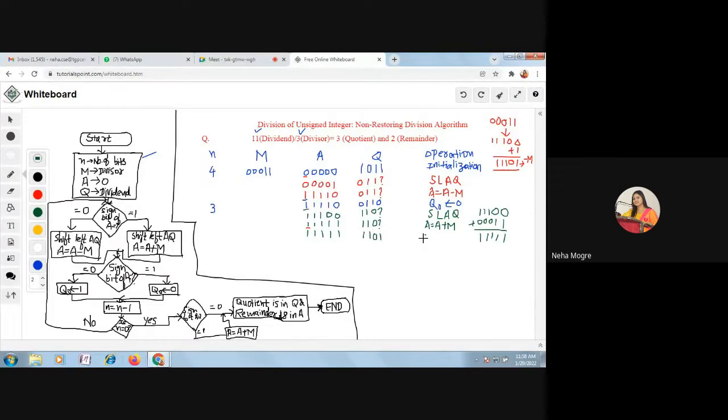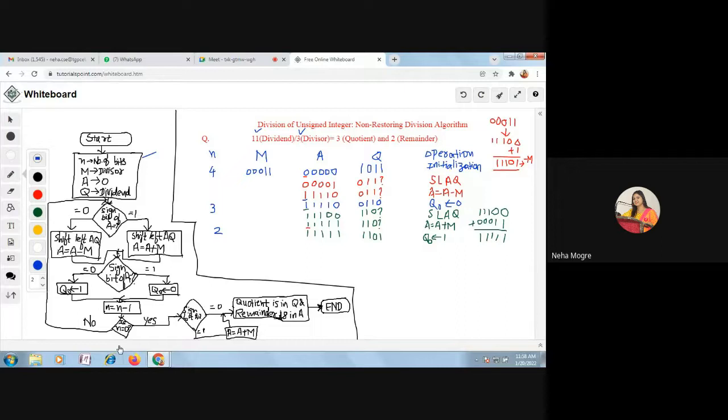We are replacing the value of Q0 with 0. Okay, now decrement the value of n. So n is 2 now.